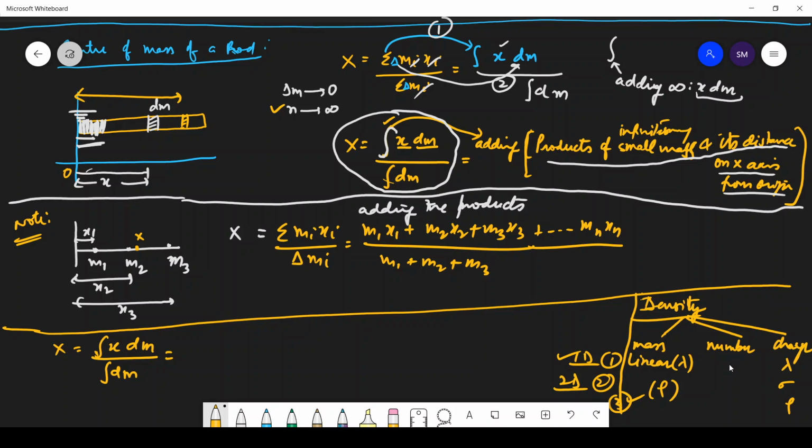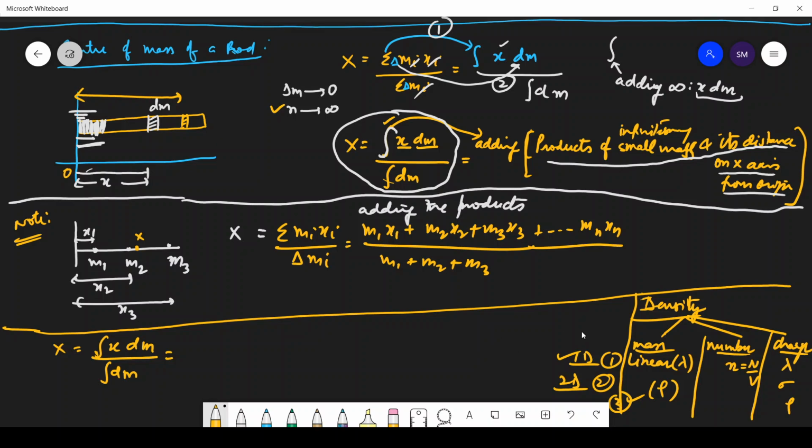And for number, we have only one symbol, number density, which we write with small n, and that equals number upon volume. So these are three parameters: mass density, number density, charge density. But here, what kind of density with mass density will it have? Linear mass density, because we are only considering the length of the rod. Is this clear?